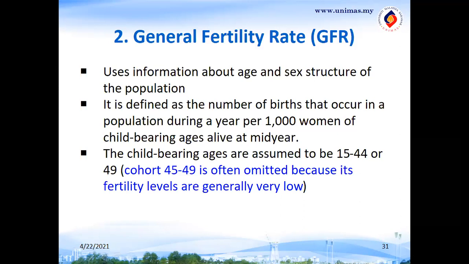Okay, so the childbearing ages are assumed to be 15 to 44, or sometimes can be extended to 49 lah. Yeah, where kohort 45 hingga 49 tu di mana kadar kelahiran pada peringkat umur ini among women adalah sangat rendah, and that's the reason why sometimes it's advisable to just omit this group, even though you may have some birth ataupun masih lagi boleh melahirkan anak, tetapi the number of birth at this age is generally very low, right?